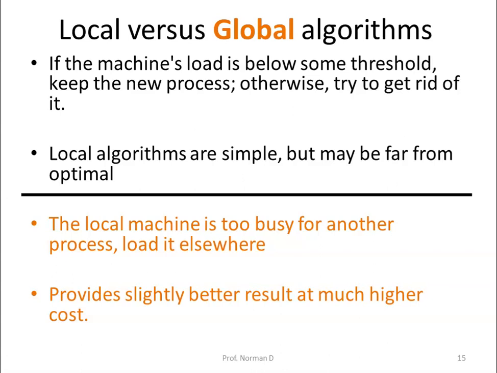Whereas with respect to global algorithms, it is better to collect the global information about the load elsewhere before deciding whether or not the local machine is too busy for another process. Global algorithms are slightly better in terms of result, but at much higher cost.